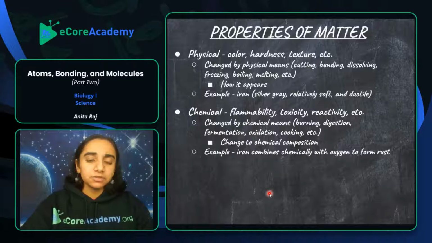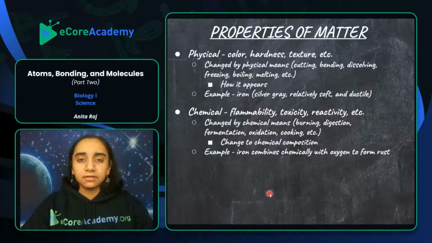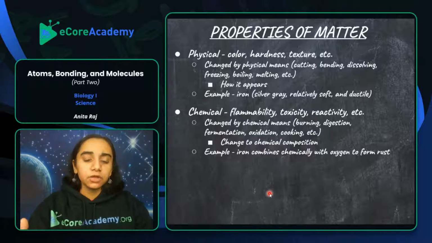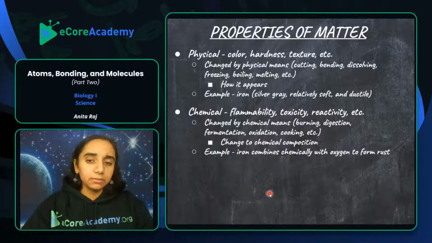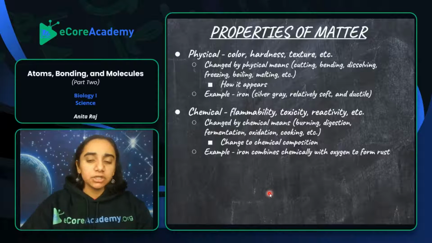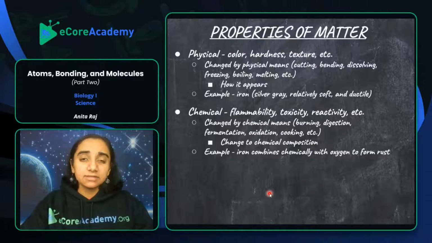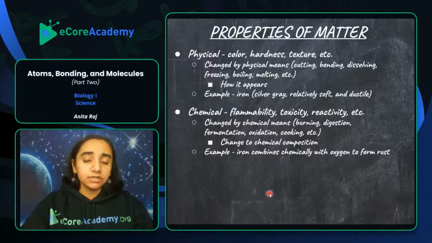You have fermentation, which is a process by which microorganisms like yeast and bacteria break down bigger molecules. That is an example of a chemical change, and we'll talk more about that when we talk about metabolism and cell energetics later on. You have oxidation. Oxidation is pretty much when oxygen is involved. You have oxidation and reduction. Reduction is when an electron is added to a substance.